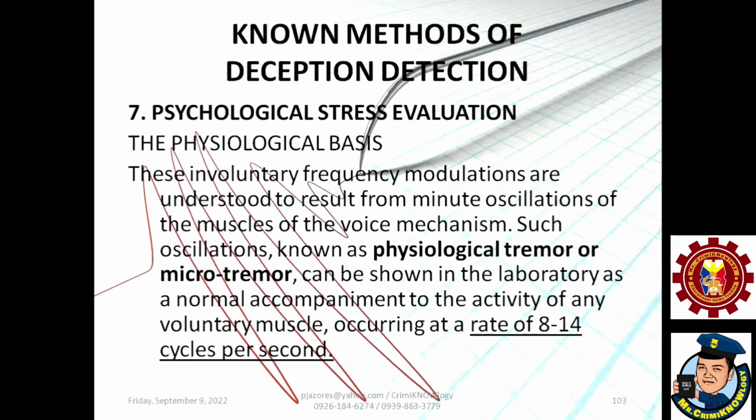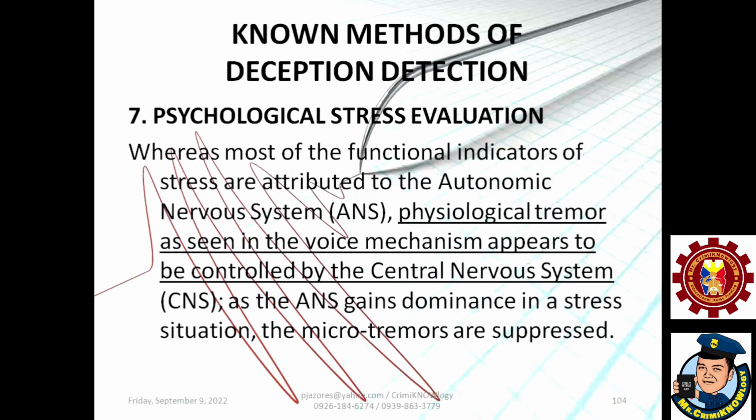Because the normal voluntary rate occurs at 8 to 14 cycles per second, these psychological tremors or microtremors are being examined and measured. Psychological tremors seen in the voice mechanism appear to be controlled by the central nervous system.